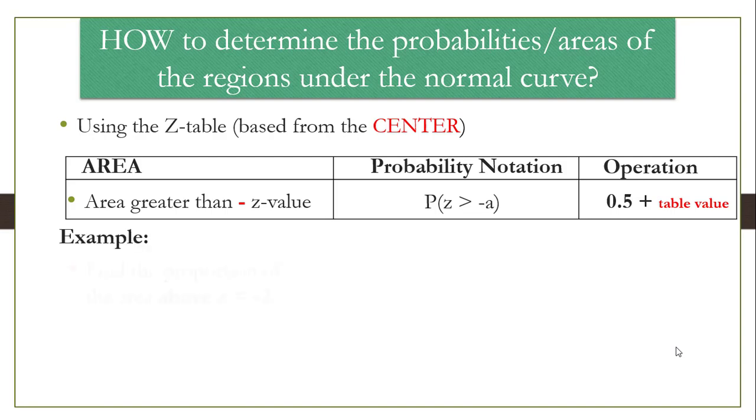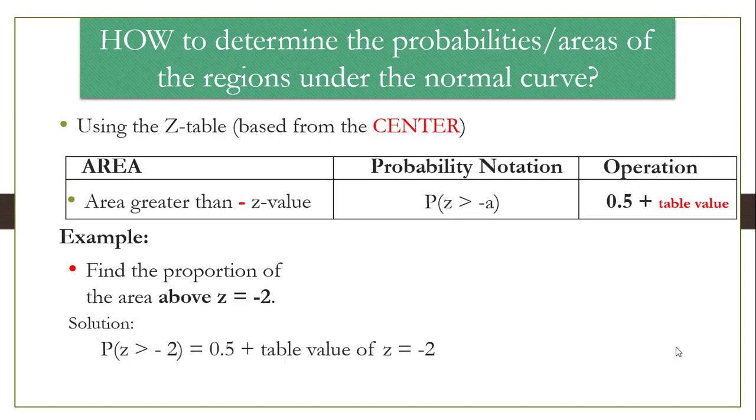So, it would be, find the proportion of the area above z equal to negative 2. So, the solution would be probability of z is greater than negative 2 is equal to 0.5 plus table value of z equal to negative 2.